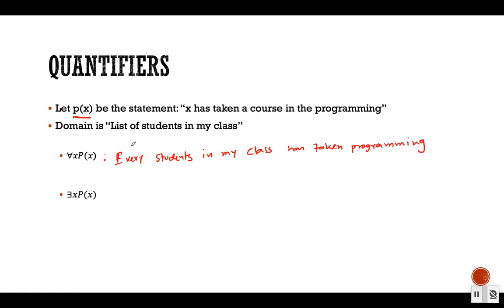We are reading it like that. For all x, this is true that x has taken a programming course. Or more naturally we can say that every student in my class has taken a programming course. And for the existential one, I can say that there exists at least one student who has taken a programming course.